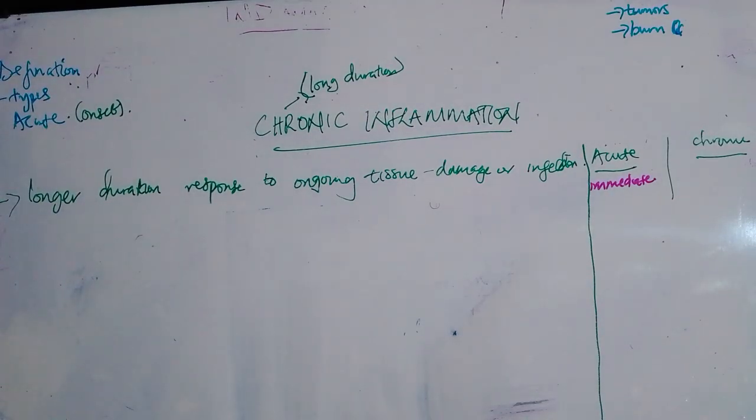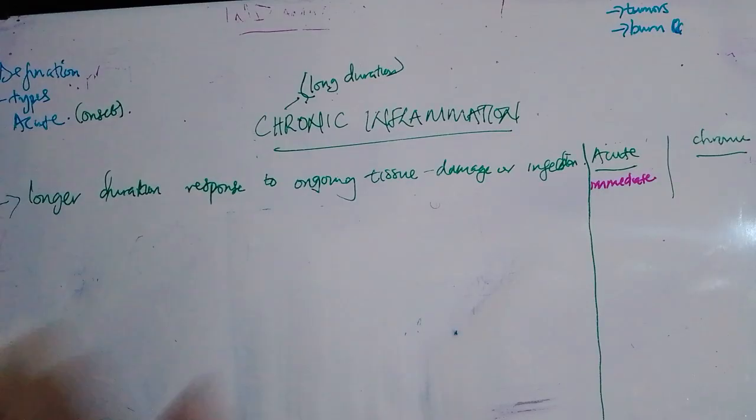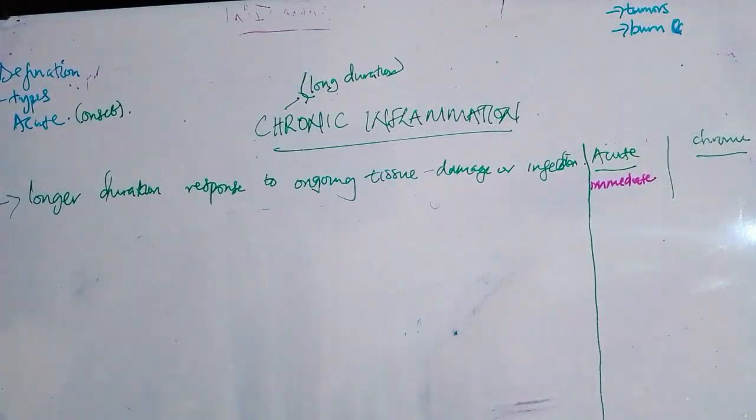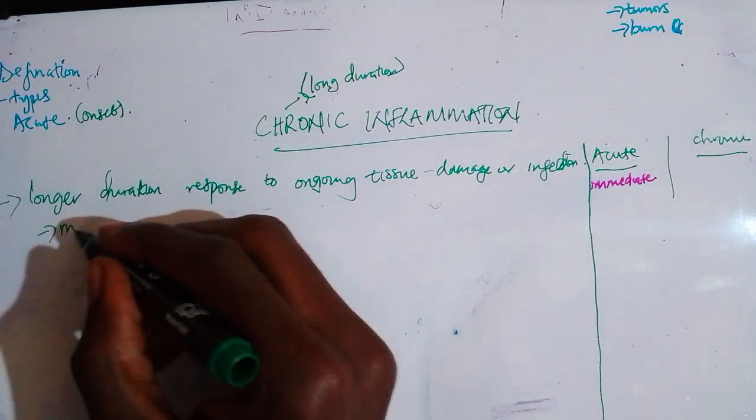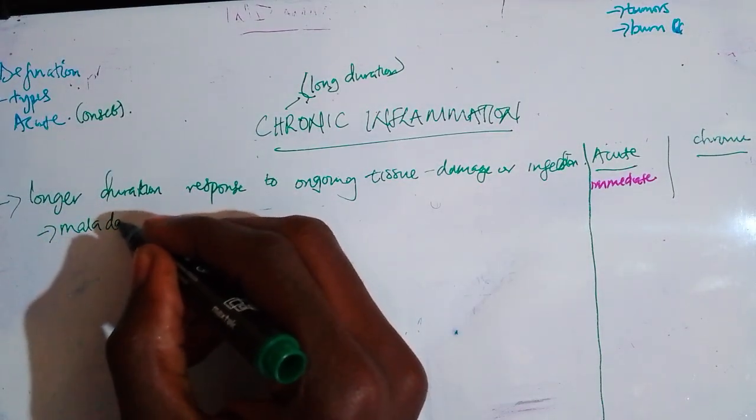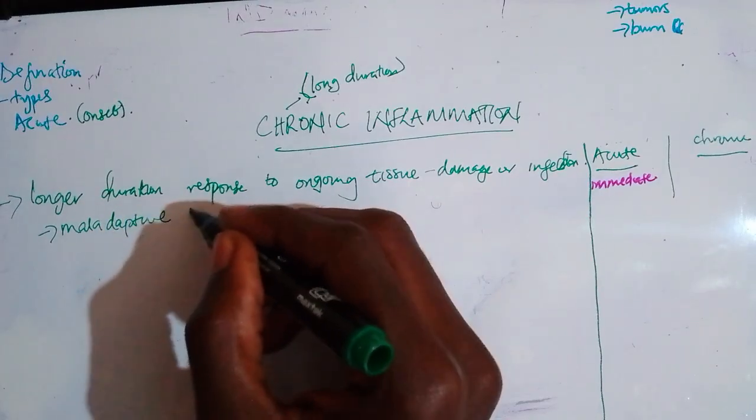Second, it can initiate the process of healing. Third, it contains that infected area. But under chronic inflammation, we are saying that this is a maladaptive response.